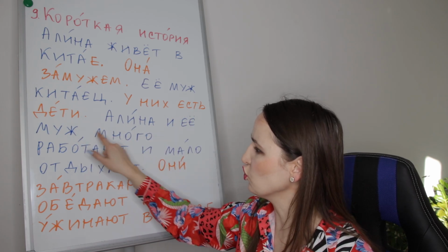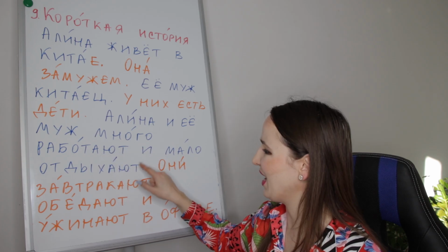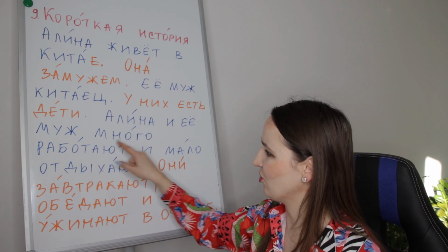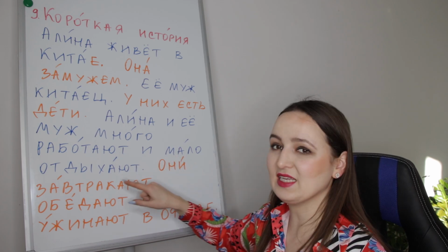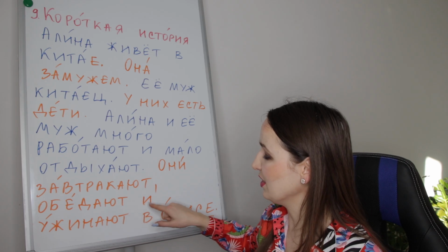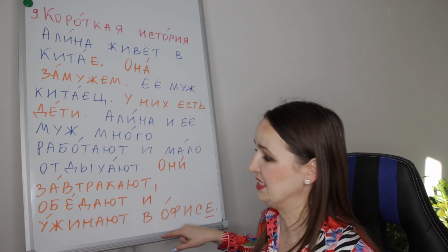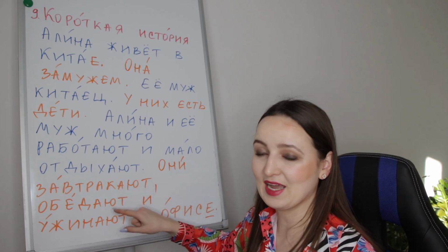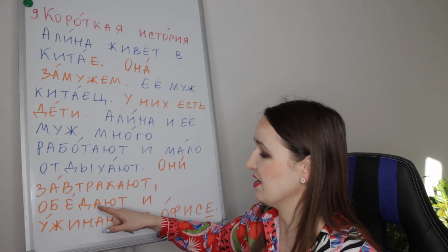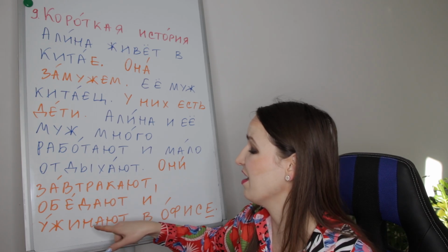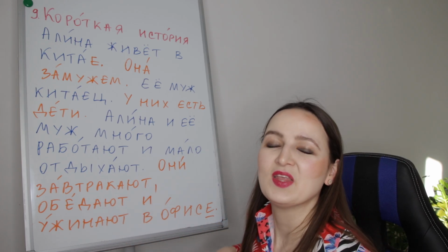Алина и ее муж много работают и мало отдыхают. Alina and her husband work a lot and rest a little. Они завтракают, обедают и ужинают в офисе. They have breakfast, lunch and dinner at the office.